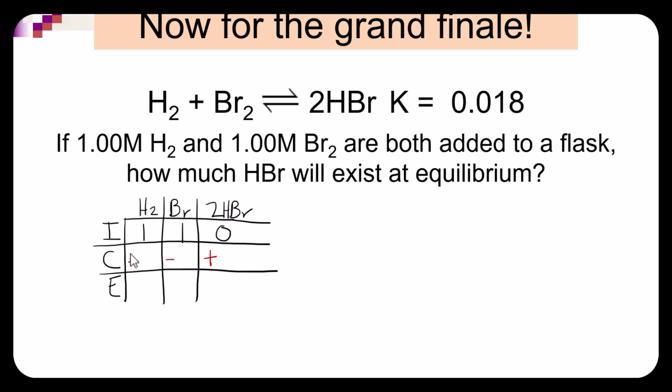Now, we've got our coefficient of 2 here in front of our hydrobromic acid, so this is going to go up by a value of X. Specifically, it's going to go up by 2X. And each of these are going to go down by a value of X.